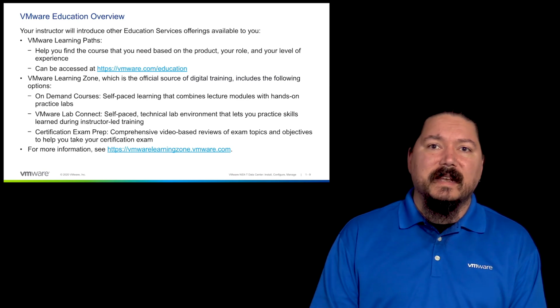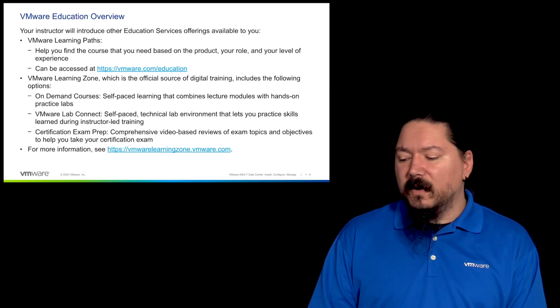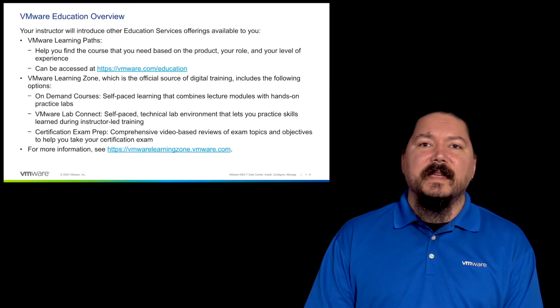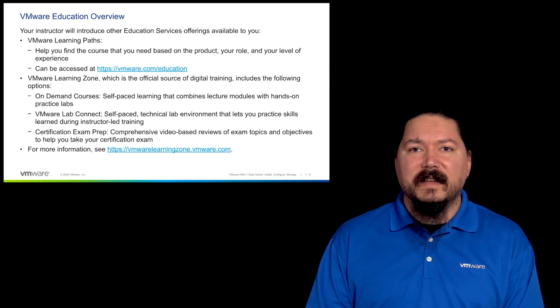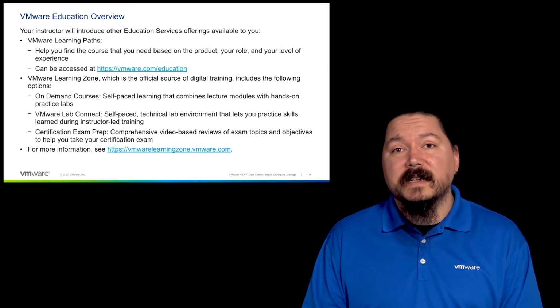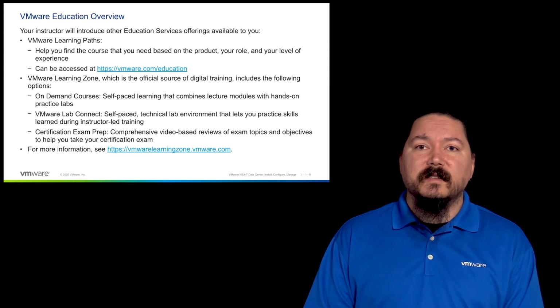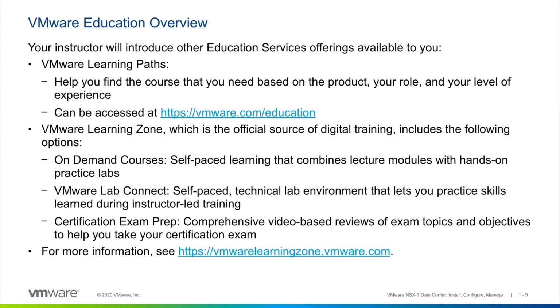Well, maybe the NSX design class is better for you. Are you looking to spend more time in the data center working with and supporting NSX-T? Well, maybe the NSX-T troubleshooting class is more valuable to you. But VMware Learning Paths is the tool we have that will help you figure out what you might need to move forward with in your education.